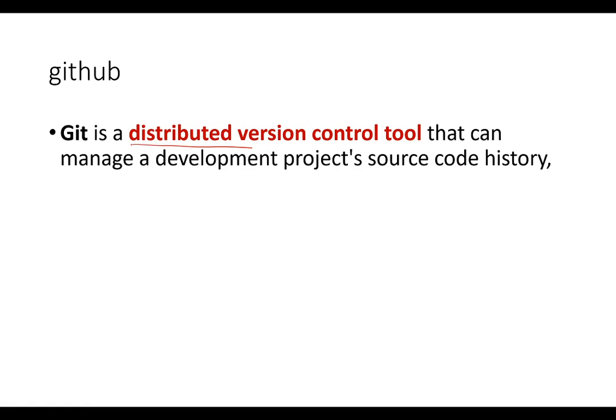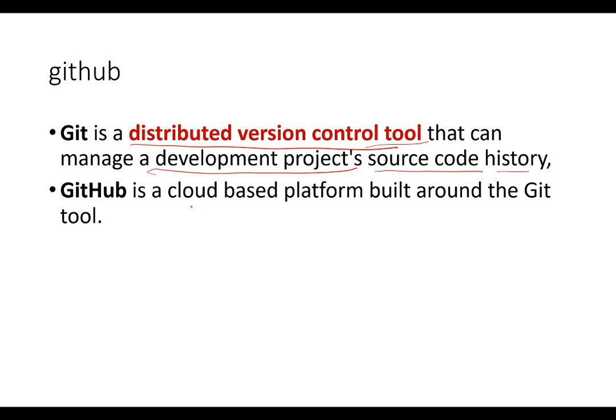Git is a distributed version control tool that manages development projects, all the documents, and their history. GitHub is a cloud-based platform built around the Git tool. GitHub is a platform using the Git tool to manage a repository.